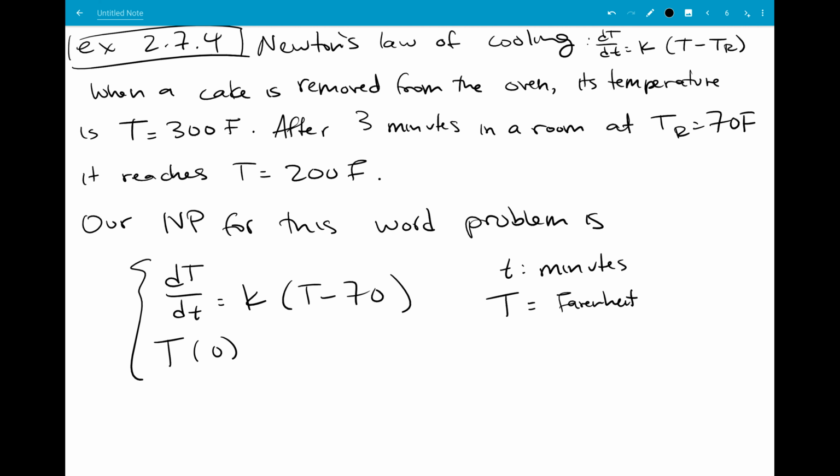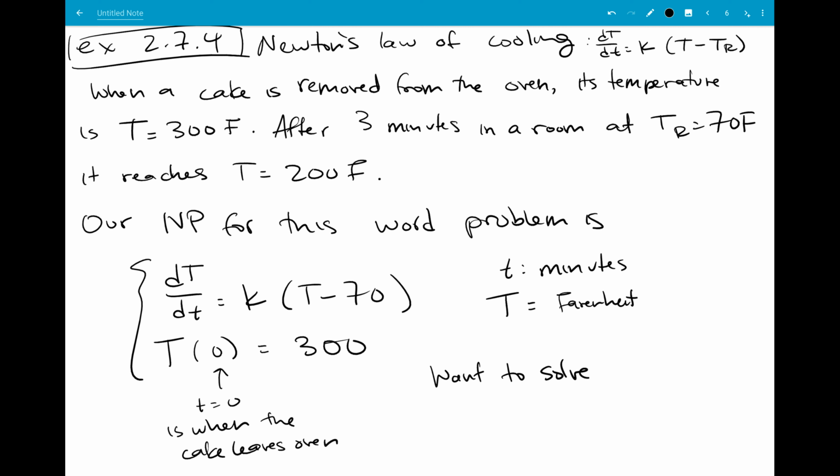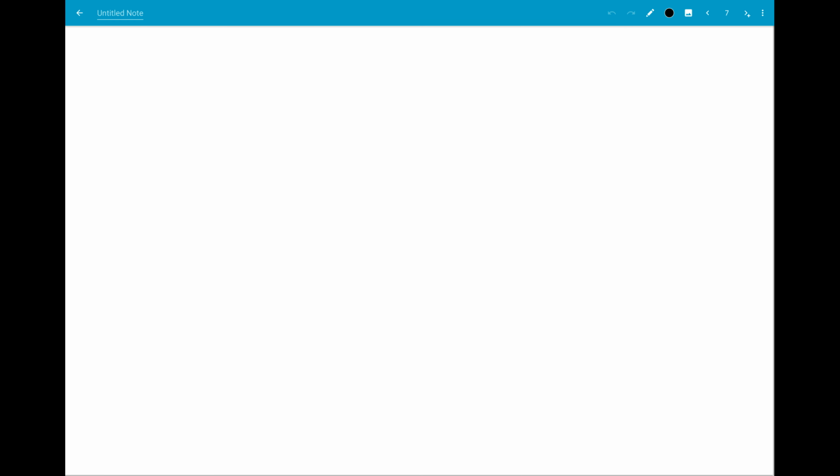And our initial condition, we're going to say that t equals 0 is when we remove the cake from the oven, and we were told that it's at 300 degrees at that time. We're interested in solving for T, and along the way, we're going to need to find k. We'll take care of both those things as we move through the problem.